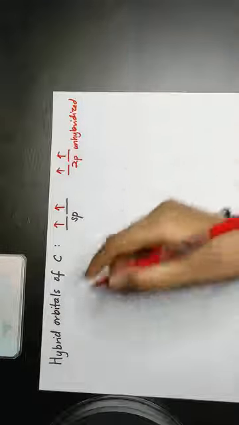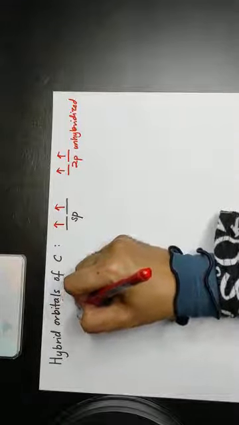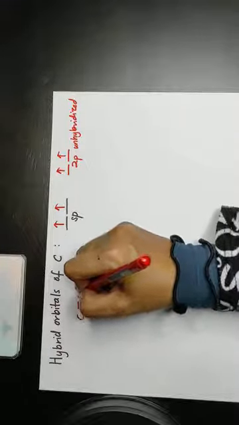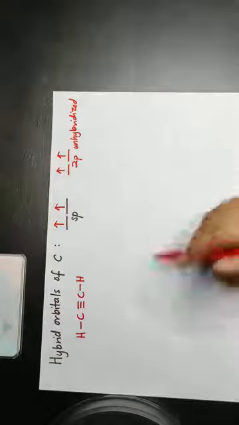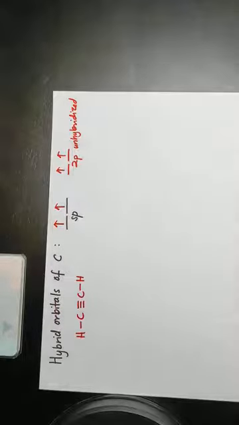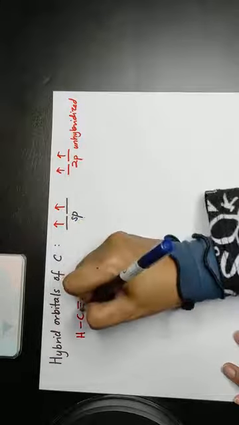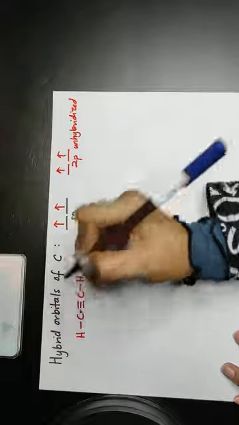Okay, and this is the Lewis structure just now. And I'm going to show the orbital overlapping which forms the sigma bond between carbon atoms.